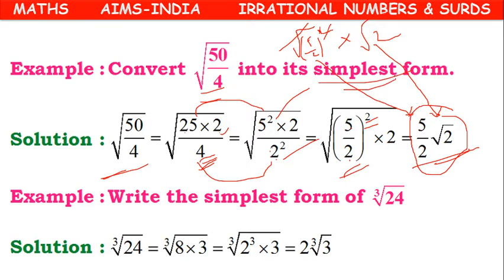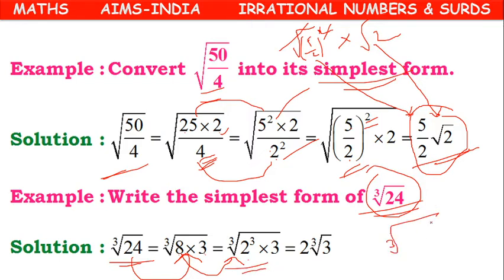So next. Write the simplest form of cube root of 24. So cube root of 24. Here 24, how can we write 24? We can write 8 into 3. And again 8 can be written as 2 cube.